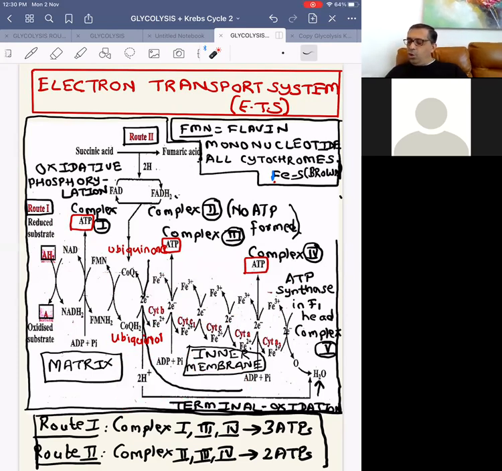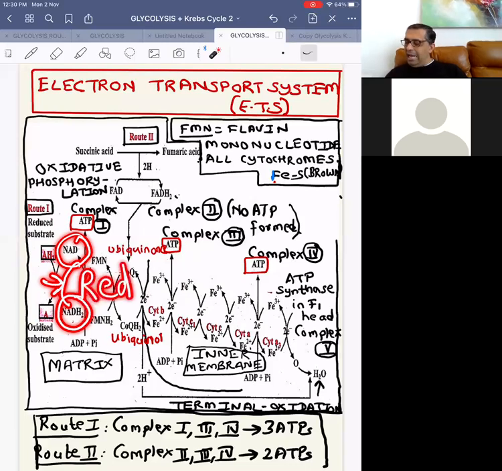So reduced substrate undergoes oxidation, and NAD by accepting the hydrogen gets reduced to become NADH2, and that is called as a redox reaction.